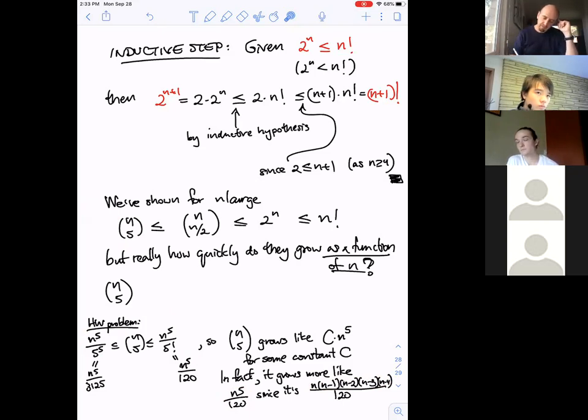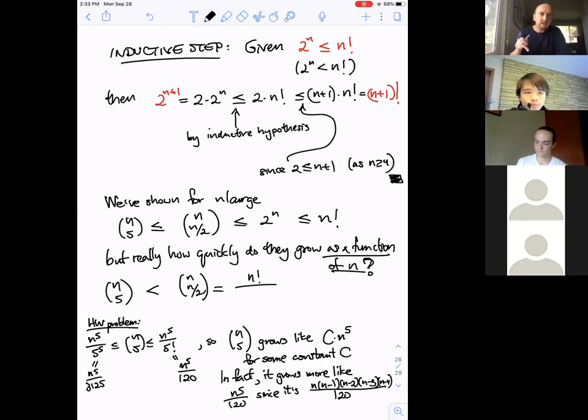This guy, though, is definitely much less than this thing. We know a formula, n factorial over n over 2 factorial times n over 2 factorial. So it's like n factorial over n over 2 factorial squared.